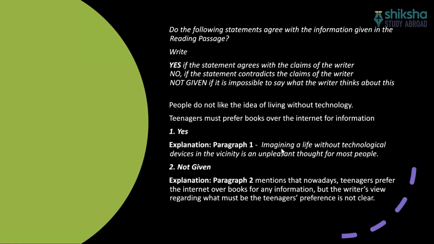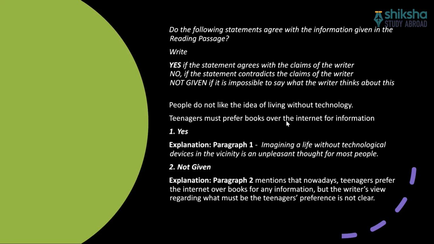So you can see the meaning of the sentence here and this one, first one, people do not like the idea of living without technology, is same, right? The words are different, but the meaning is same. Hence, the answer is yes to this kind of question because the writer's view is matching with the sentence, with the question.